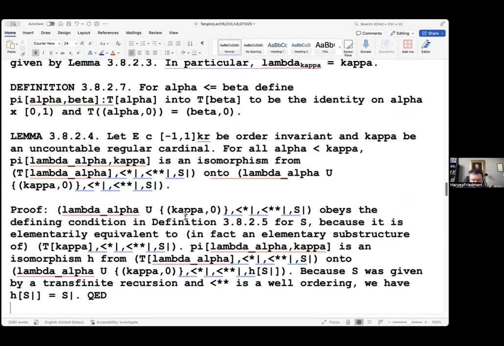It satisfies that S is greedy because the full structure satisfies that S is greedy.